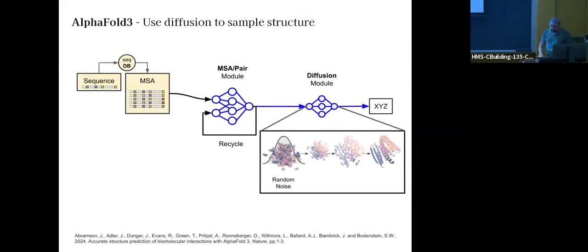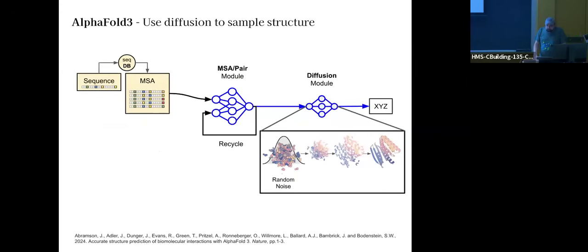Sergey? Oh yeah, go ahead. So I have a question. When something is being passed from the pairformer to the diffusion module, what is it constraining in the diffusion module in terms of protein geometries? How does it constrain it to become an actual protein structure from noise?